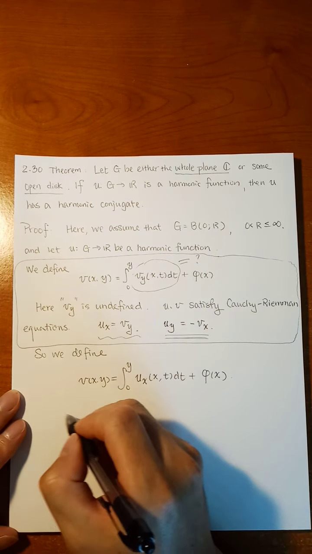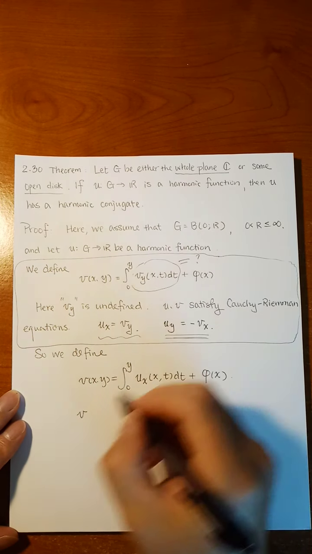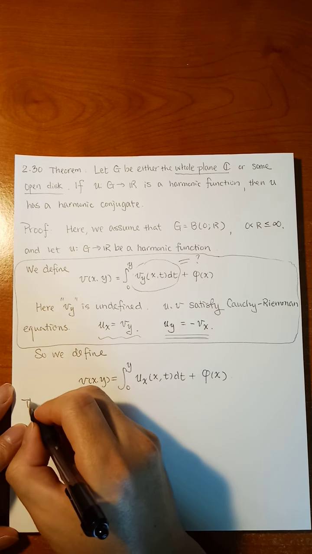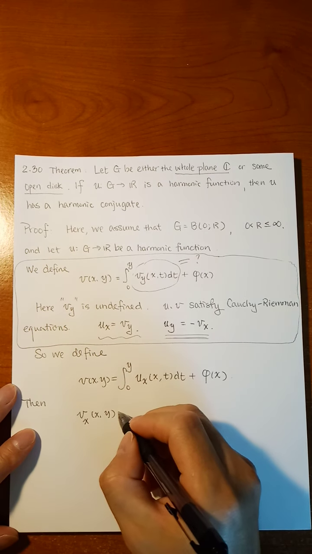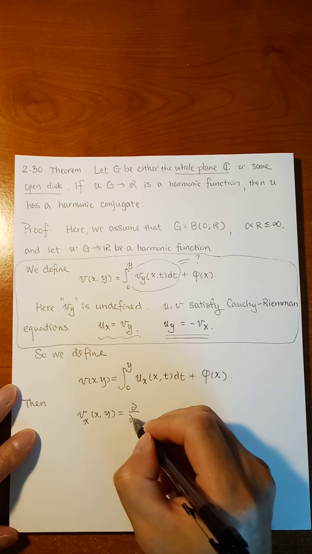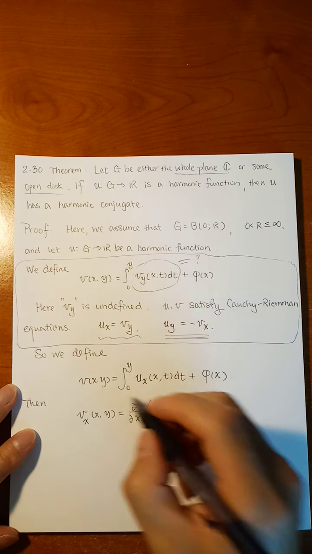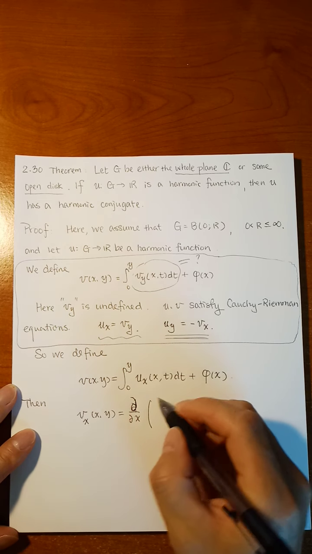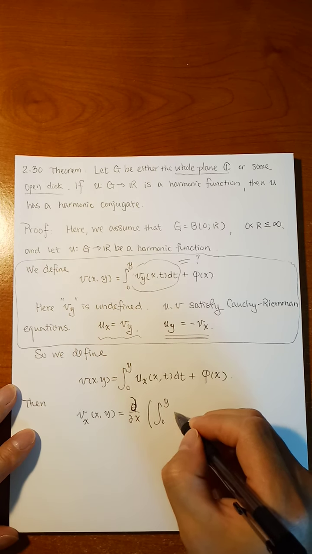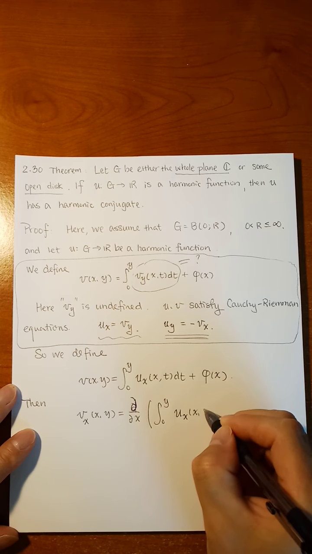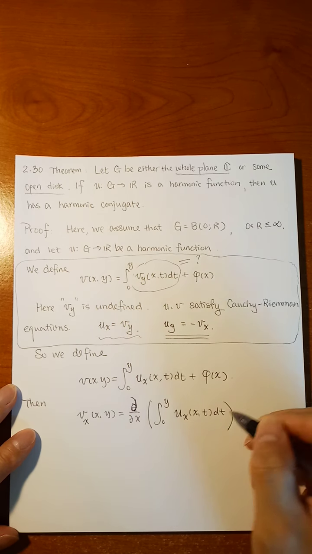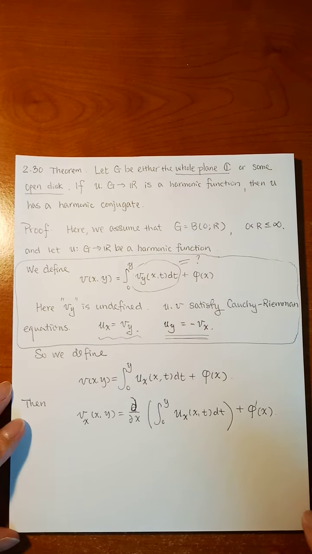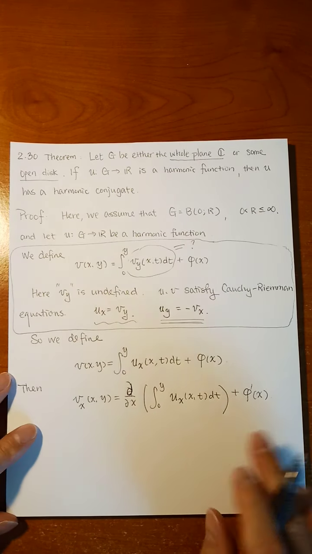Then v_x should be the partial with respect to x of the integral from 0 to y of u_x(x,t) dt, plus phi prime. You just differentiate both sides.